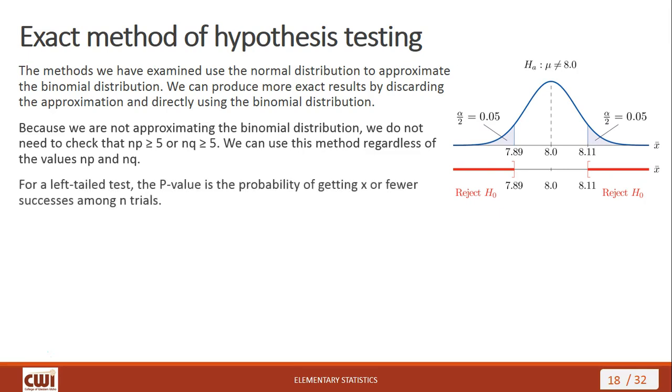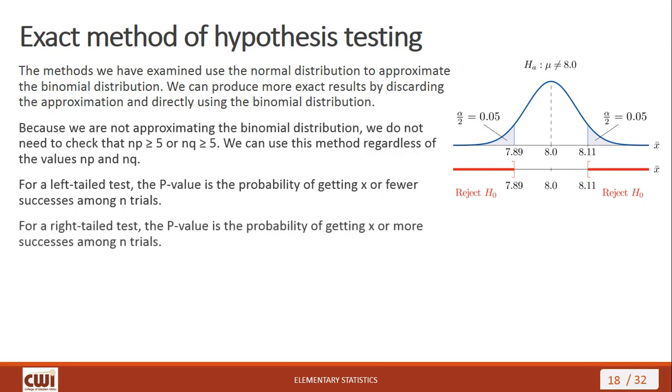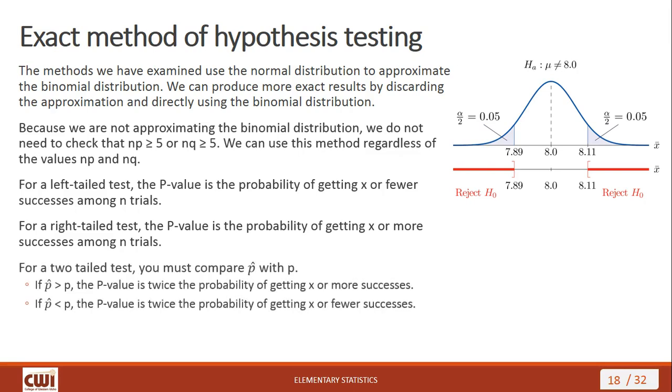So for a left-tailed test, the p-value is going to be the probability of getting X or fewer successes among n trials. For a right-tailed test, the p-value will be the probability of getting X or more successes among n trials. And for a two-tailed test, we have to compare our sample proportion with our population proportion.